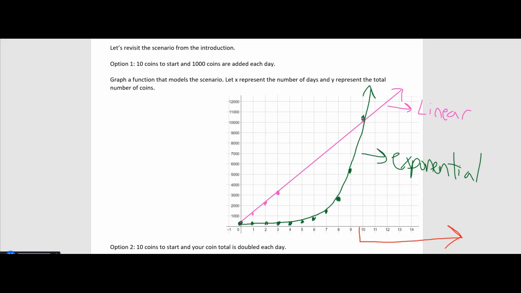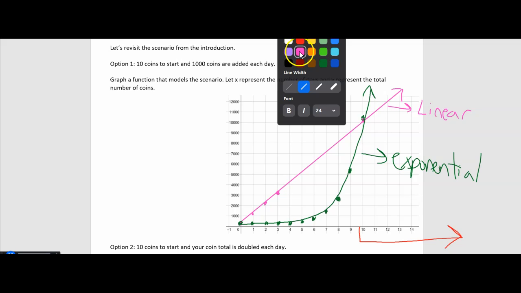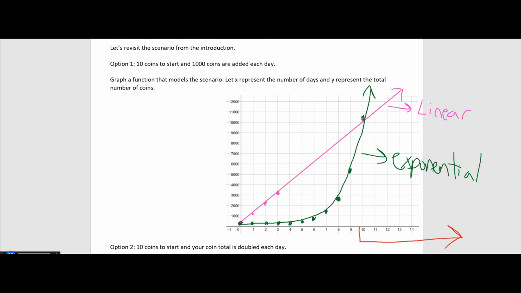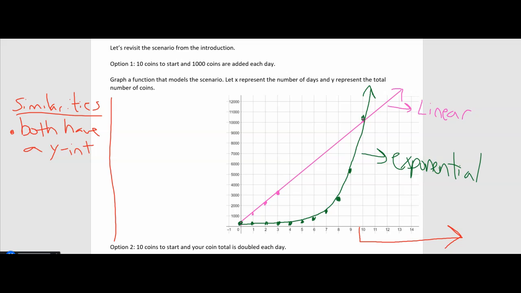Okay, so I'm just going to keep the picture up here so we can discuss as we write things down. As far as similarities go, we'll do similarities over here. Well, they both have a y-intercept, because they both start off at y equals 10.